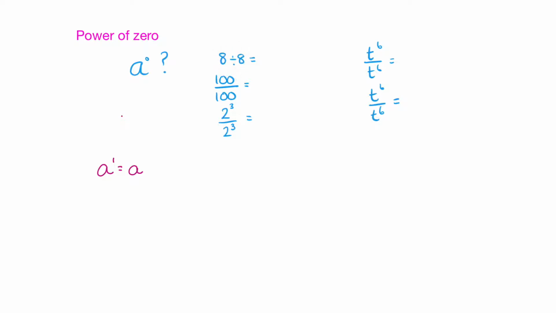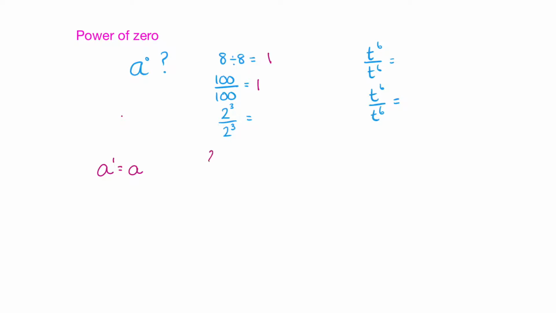So first one, what's 8 divided by 8? How many 8s are in 8? Well, there's 1. What's 100 over 100? Now remember, over means dividing by. So 100 divided by 100 is 1. 2 cubed over 2 cubed, or 2 cubed divided by 2 cubed.